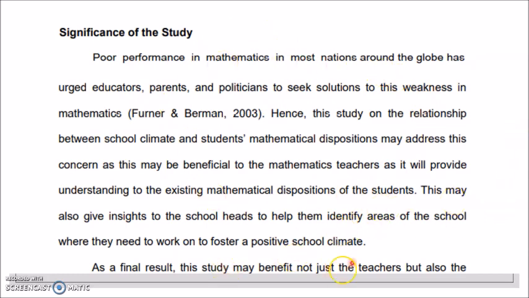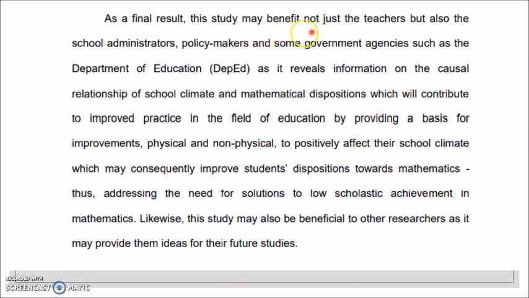As a final result, sabi dito, this study may benefit not just the teachers, but also the school administrators, the policy makers, and some government agencies such as the Department of Education, as it reveals information on the causal relationship of school climate and mathematical dispositions, which will contribute to improved practice in the field of education by providing a basis for improvements, physical and non-physical, to positively affect their school climate, which may consequently improve students' dispositions towards mathematics.